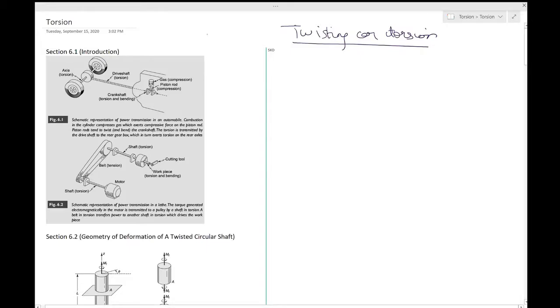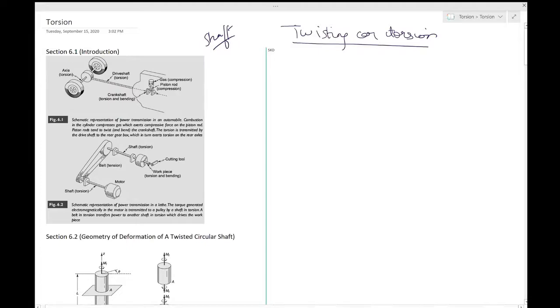Just like a bar is primarily to extend or compress, a beam is primarily about bending, the shaft is primarily about twisting. This is one of the important members which you learn about, and most likely in your machine design course you might learn about designing of shafts.